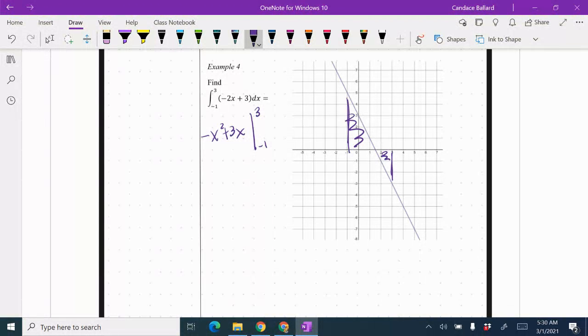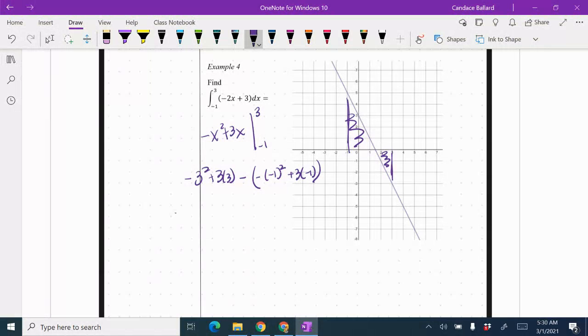So these are the 2 triangles that we're working with. So let's see, I'm going to plug in. So I've got negative 3 squared plus 3 times 3 minus parentheses negative 1 squared plus 3 times negative 1.